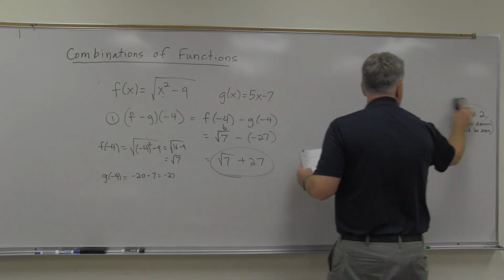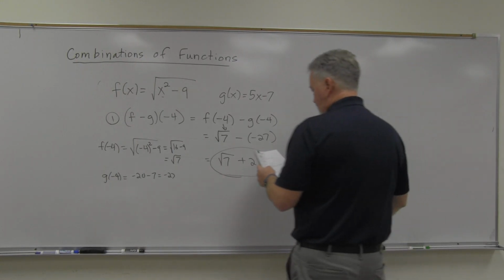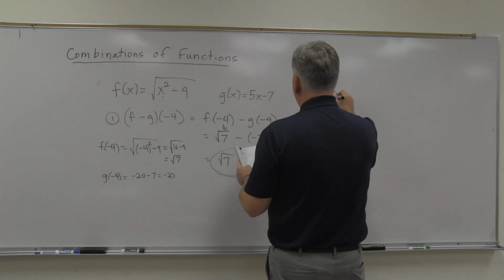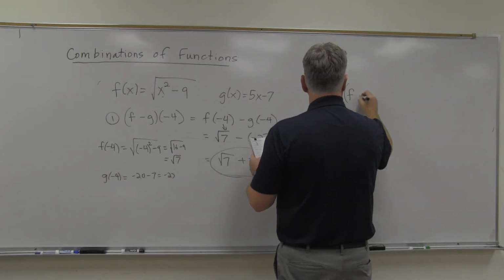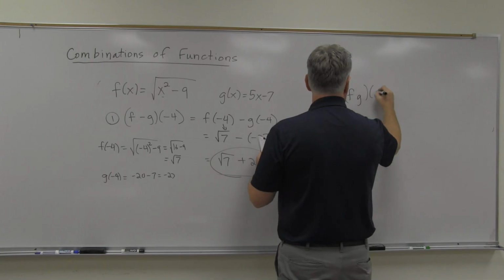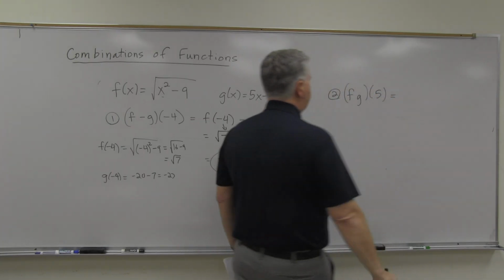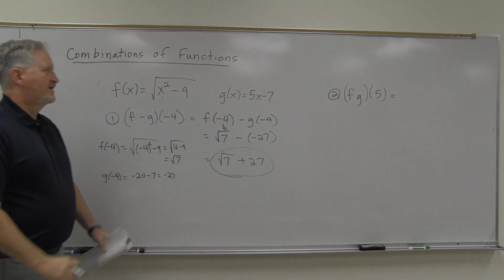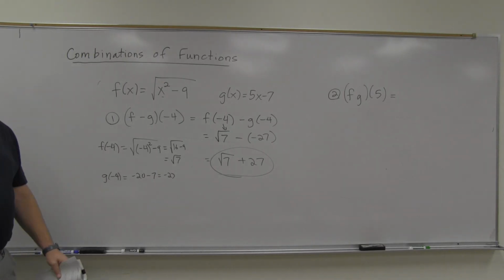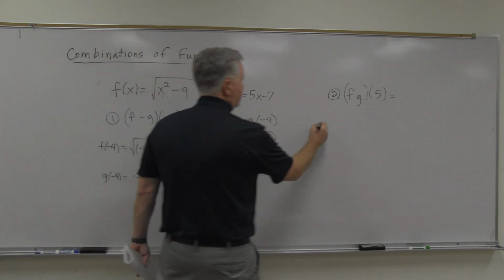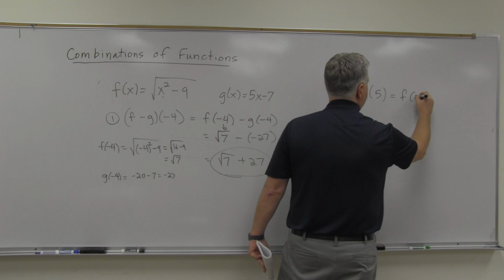Couple more in this regard, okay. All right, what about, so what would fg of 5 be then? I think this one comes out a little nicer. Fg of 5, well that means times, so we do f of 5 times g of 5.